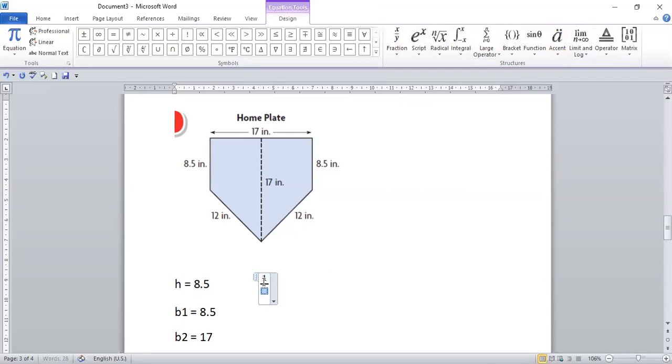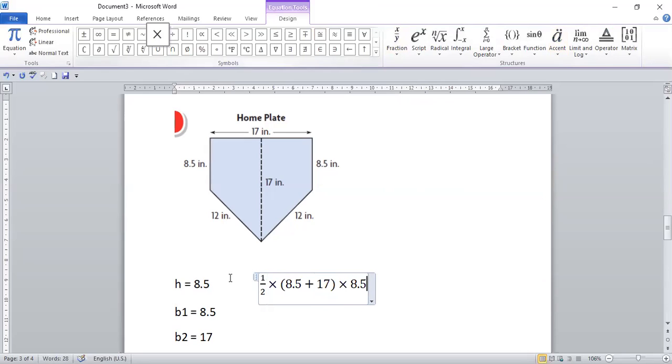That's going to be half multiplied by, yeah, I can hear teacher, you forgot to write a. Okay, so the brackets 8.5 plus 17, which is base 2, close the bracket, and then multiply by the height, which is 8.5.